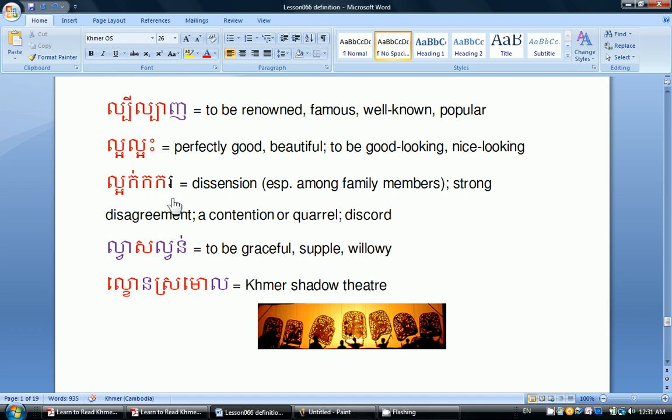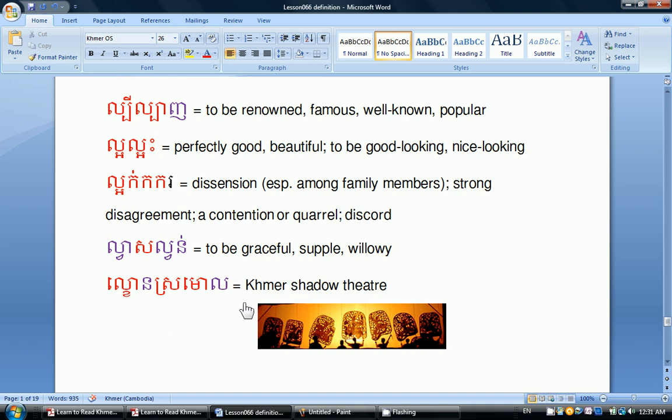La'ak means dissension, especially among family members, or strong disagreement, or a contention or quarrel or discord. Levilavon means to be graceful, to be supple, to be willowy.